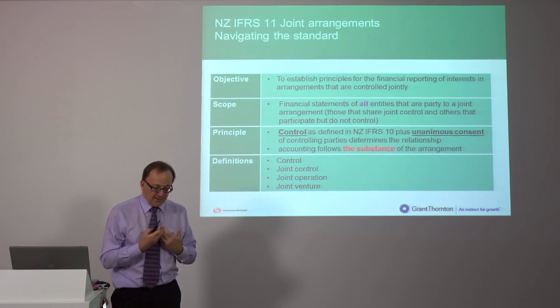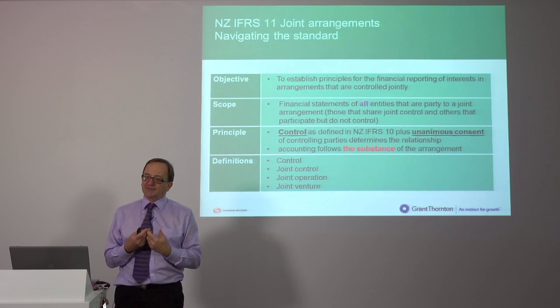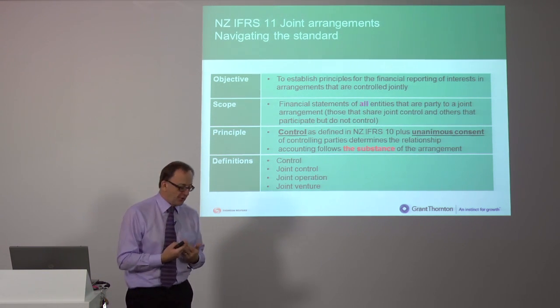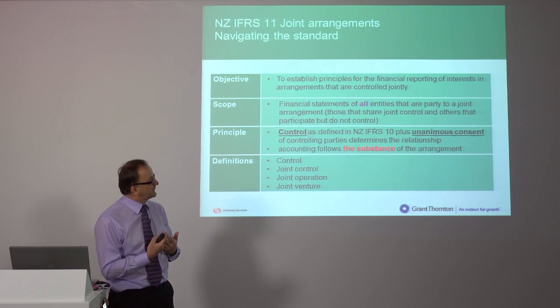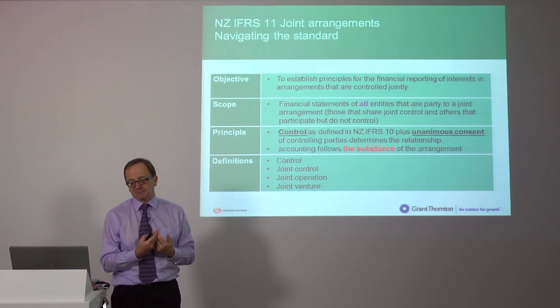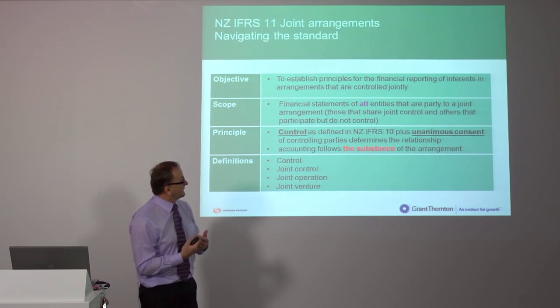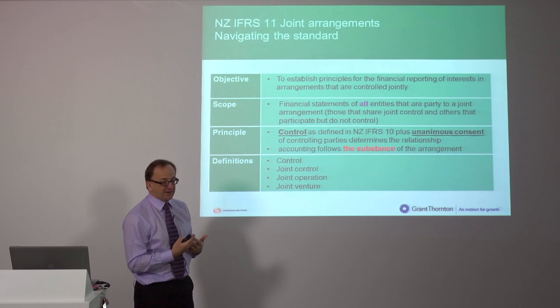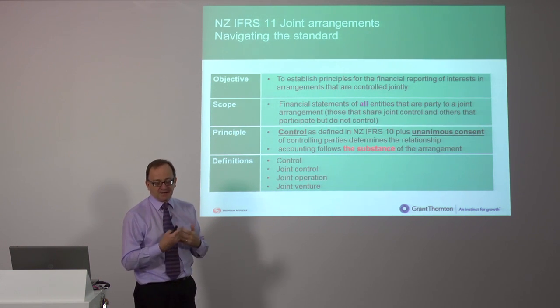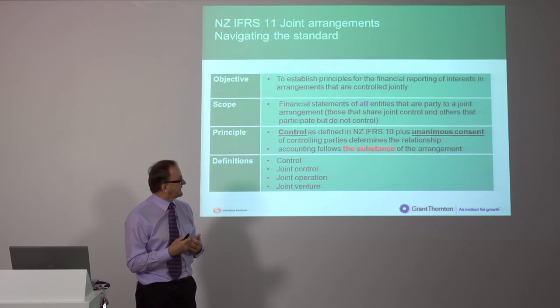IFRS 11, again, is really trying to standardize practice and get clearer definitions, based on the way that the old standard, which was IAS 31 on joint venture accounting, was being interpreted. And again, we've got control being aligned with what we saw in the other standard.